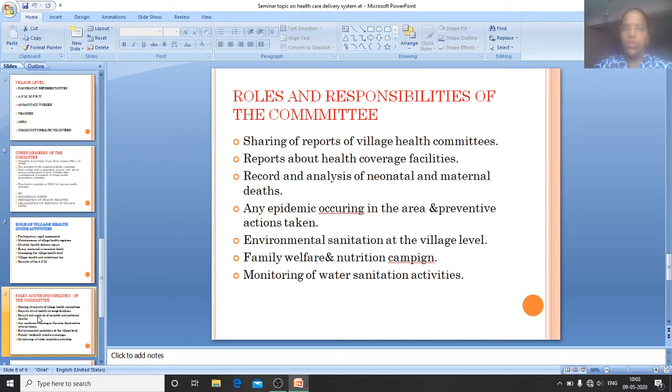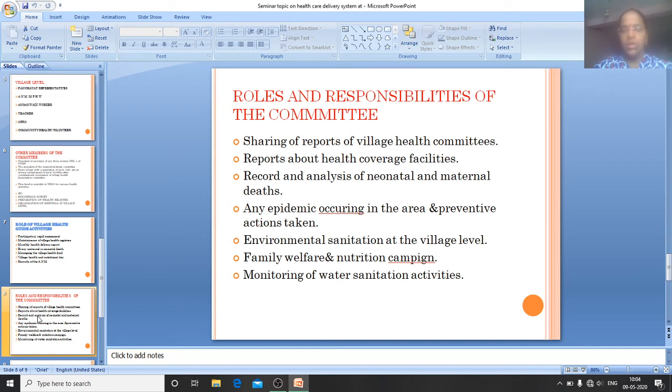For example, if there is corona in Kurnool, they have to report how many cases there are daily and how many throat swabs or rapid blood tests were collected. All those records and reports go to the higher officials so that the authority can take necessary action to prevent the epidemic or pandemic disease.